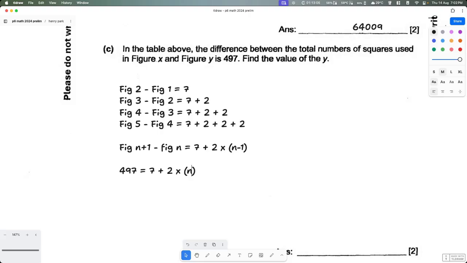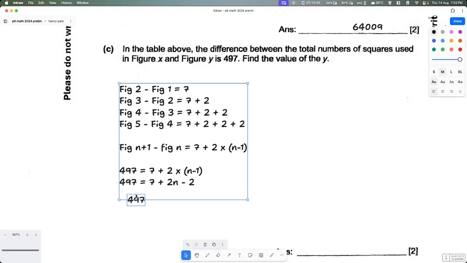So 497 is equal to 7 plus 2n minus 2, which is 2n plus 5. Then 497 minus 5 is equal to 2n, which is 492.